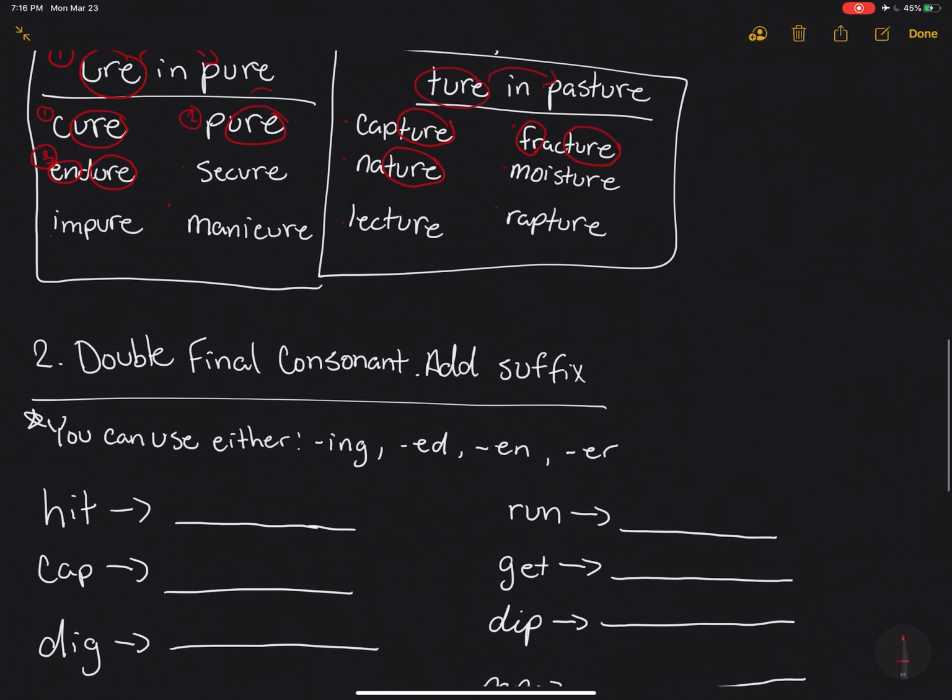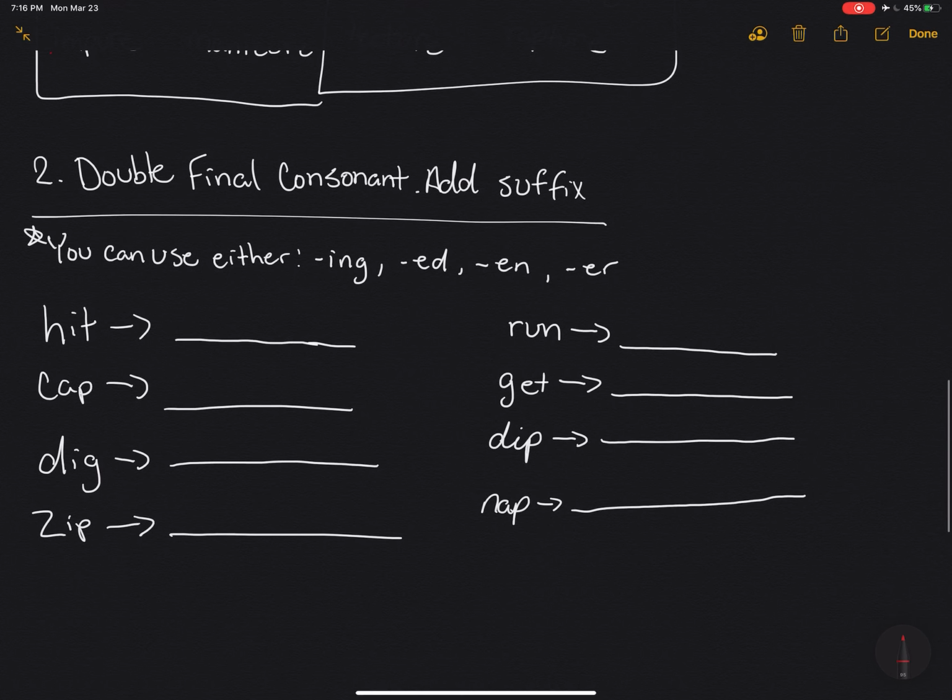We then move down to where it says double the final consonant and add the suffix. So please pay very, very close attention to this section, because I do not want you to get this wrong. Okay? So you'll see right here where I have starred, it says you can use either ing, ed, en, or er.